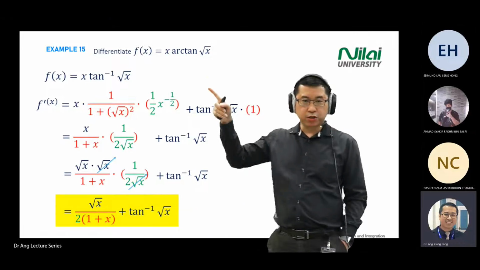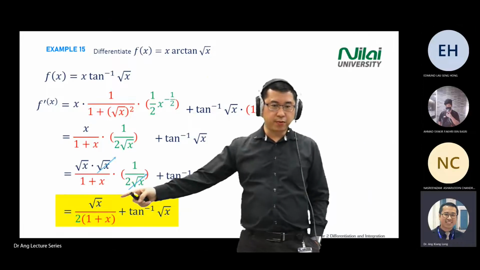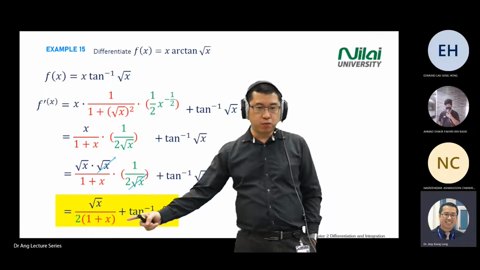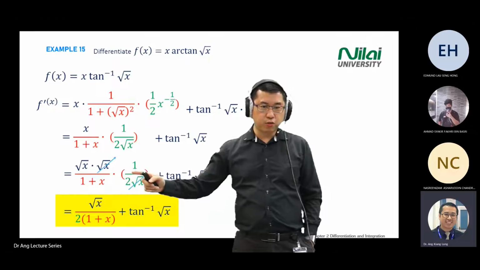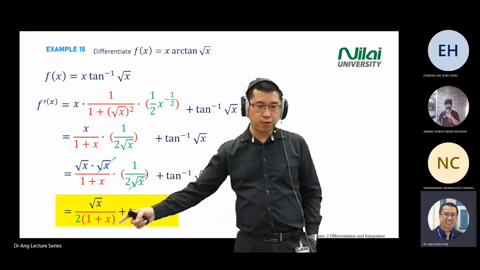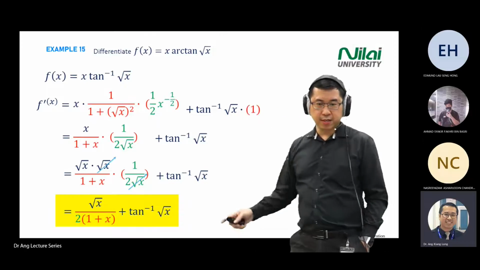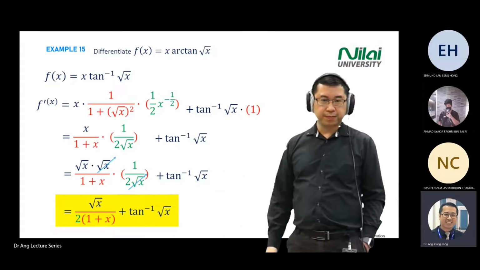So at the end, you write square root x divided by 2. Where is the 2? The 2 is from here. You push it to the left. So 2 bracket 1 plus x plus this one.